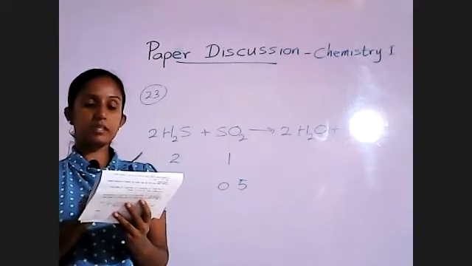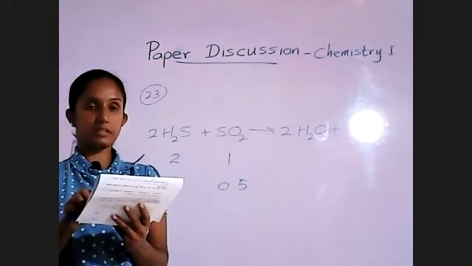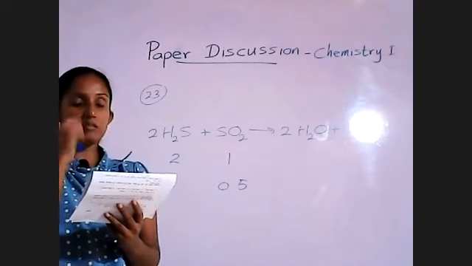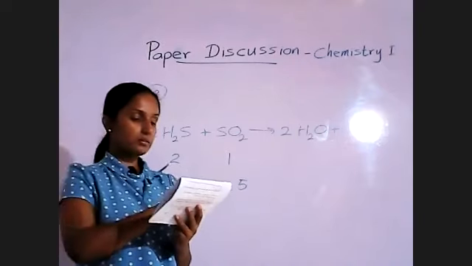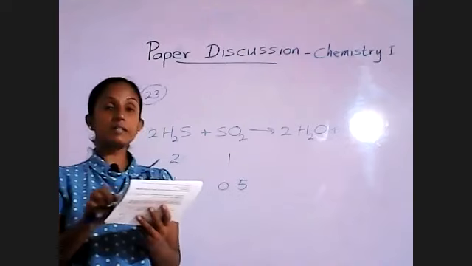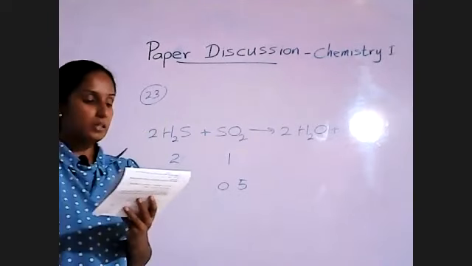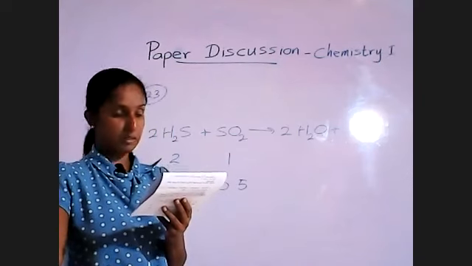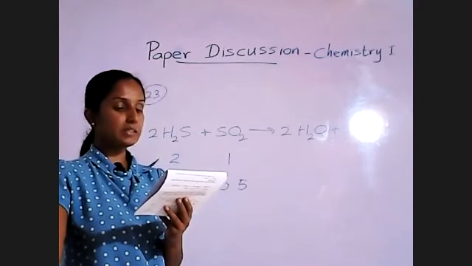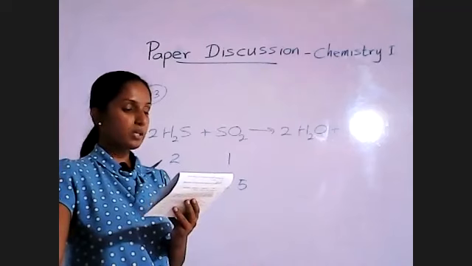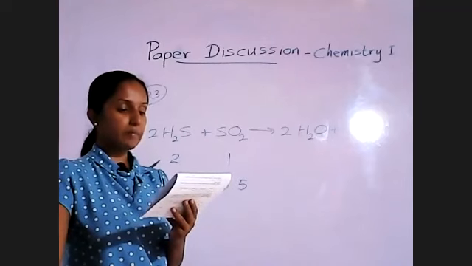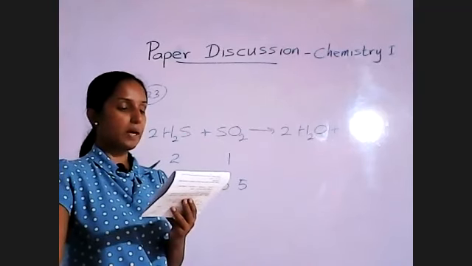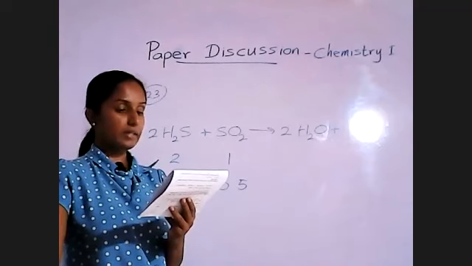Here the three figures are given as X, Y, Z, so you have to select the correct answer regarding these three. The Lewis structures of the hydrides of the three elements X, Y, and Z are given here. Which elements in the table are represented by X, Y, and Z?